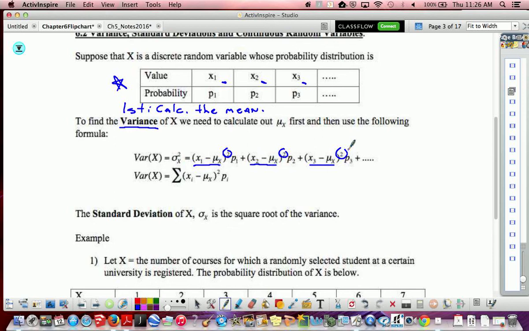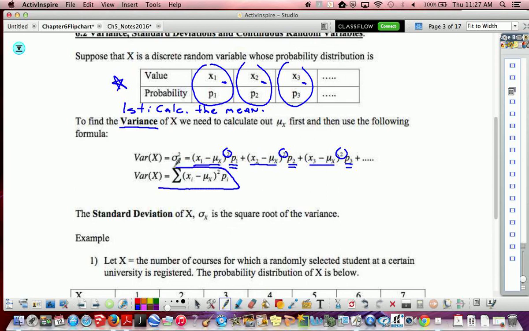Then they have to be weighted according to their probability, because they're not equally distributed amongst the outcomes. So you have to multiply each of those by the weight of their probability. So you have to do a calculation for this one, and then this one, and then this one, and you sum it all up. This is your variance.